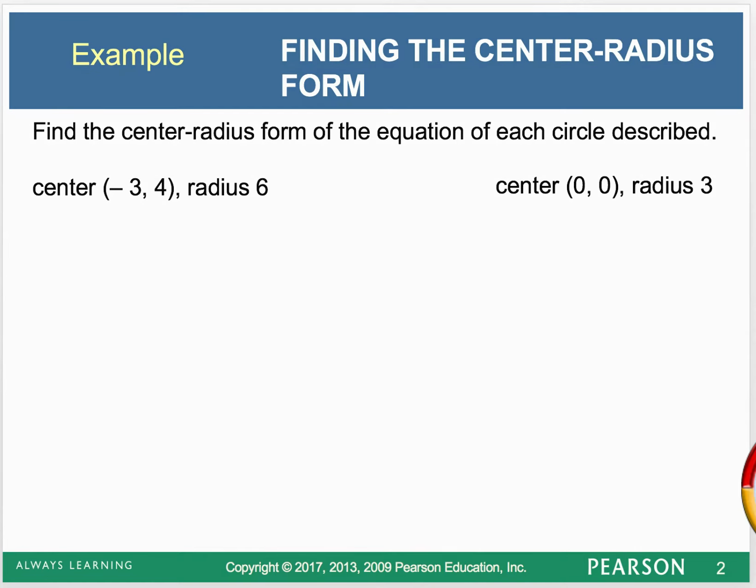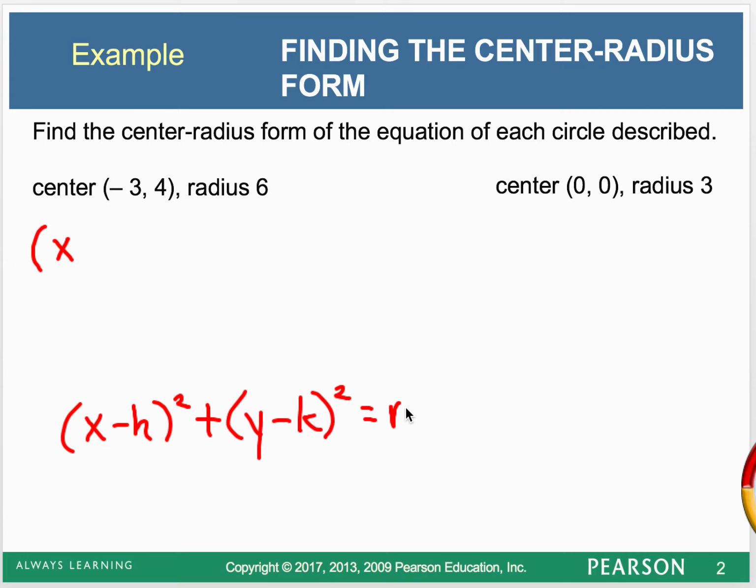So the first questions ask us to just find the center radius form of each equation that's described. So now recall, let me write the center radius form down here for us. A squared plus b squared equals c squared, basically.